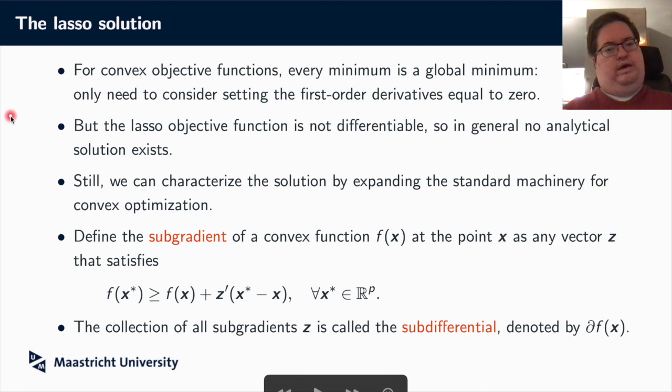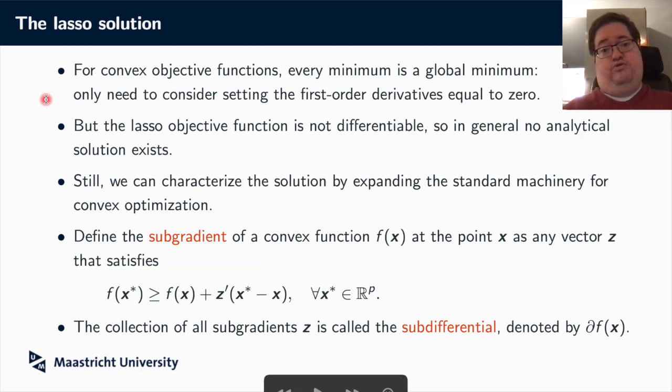Okay, so let's now look at actually how do we compute the Lasso and why does it do variable selection? Well, first thing to note is, of course, if we have a convex objective function, we know that every minimum is a global minimum. That's, of course, the advantage of convexity and why it matters so much for optimization purposes.